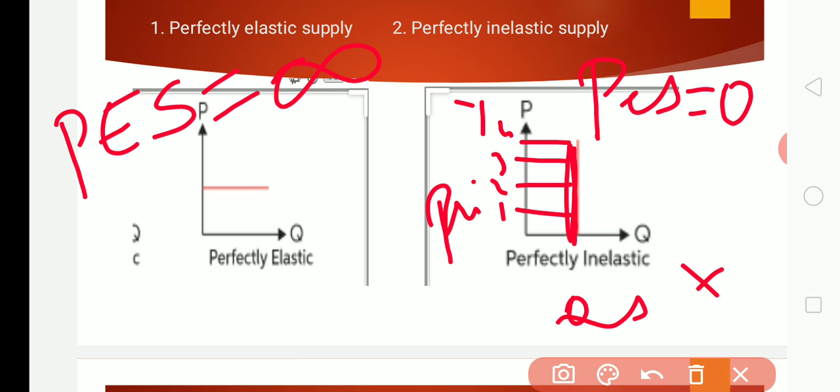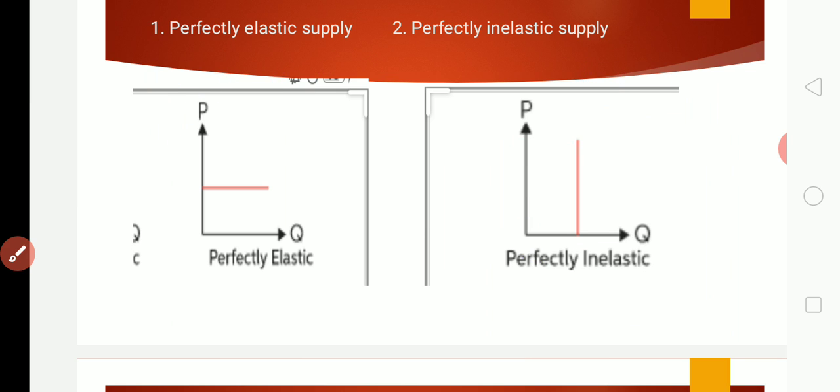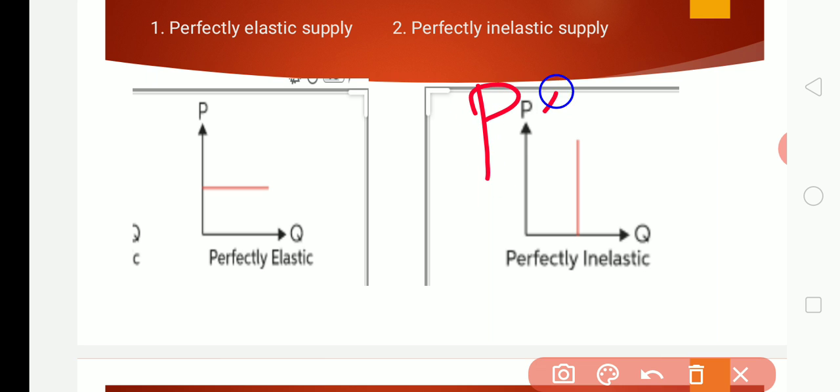Whether the price is decreasing or increasing, whatever the changes in price, the supply doesn't change, the supply remains constant. There is no change in the quantity supplied. Therefore we call it PES equals 0.